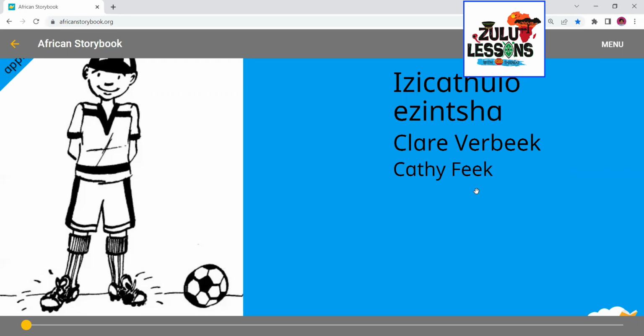I don't know if the Kathy name, that person is the one who did the illustrations, I'm not sure. But then Claire is then the one who has translated the story into isiZulu, I believe. And again, disclaimer, I don't have any affiliation with the website. It's a website that is public, that is free for anyone who is learning and or teaching isiZulu.